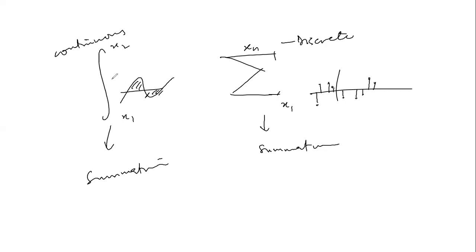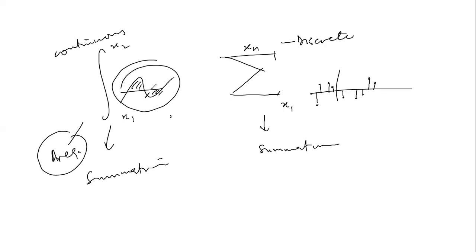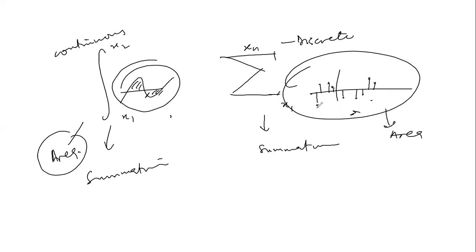So the area under this graph is the integral of whatsoever we have here. That gives us the area, which is the sum of what is happening here. And this sigma also provides the sum of what is happening here to give us the area under the same graph, which has been discretized.